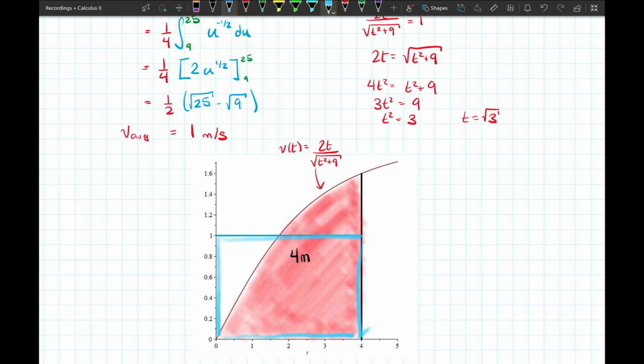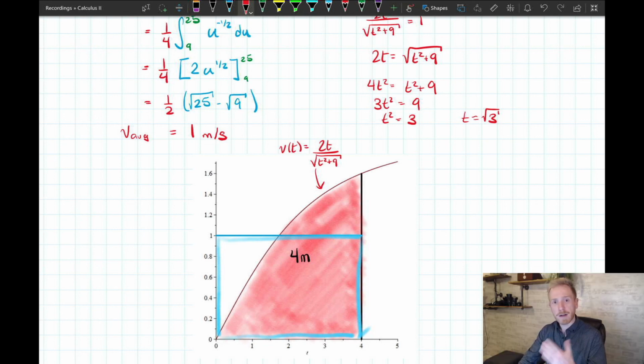However, the car chose to accelerate and not be at a constant velocity. If it had been at a constant velocity, that velocity would have had to be 1 meter per second for it to travel the same distance. So that hopefully gives you a little bit of an interpretation about that average velocity and the corresponding areas that are equal to each other.